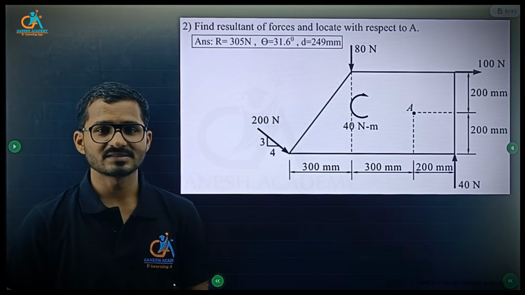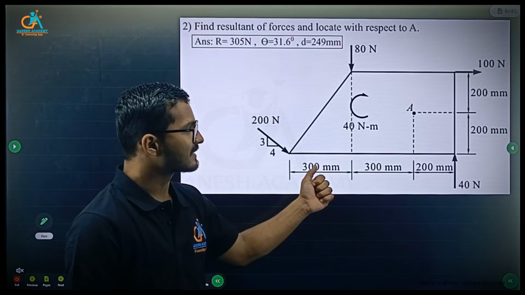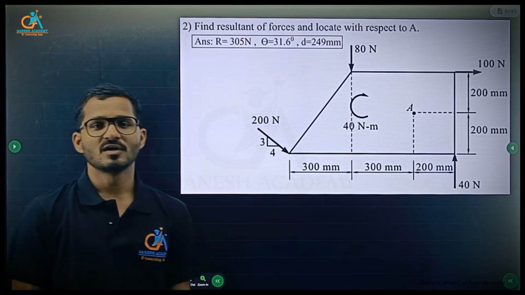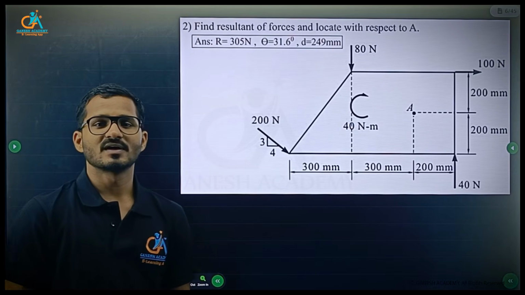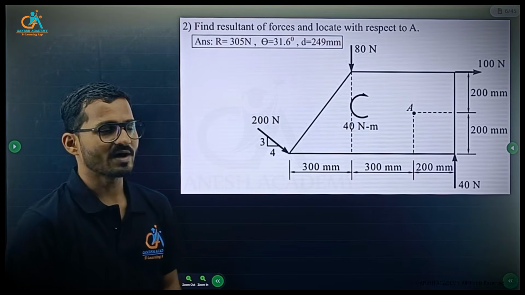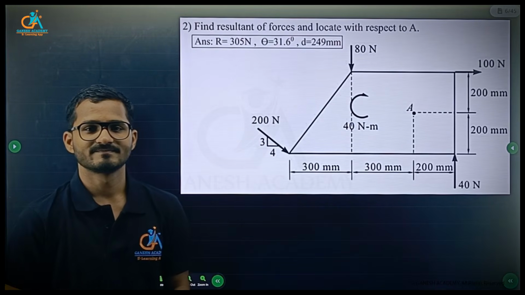What are those conditions? Same conditions. The x component of the resultant is equal to the algebraic sum of x component of all the forces acting on the body, and in the same way the y component of the resultant is equal to the algebraic sum of y component of all the forces, right?